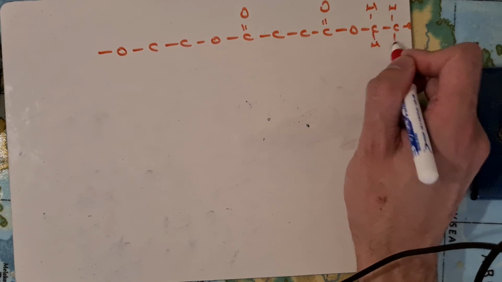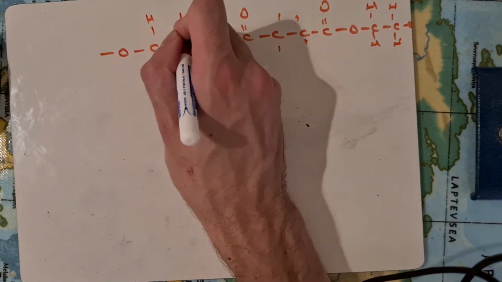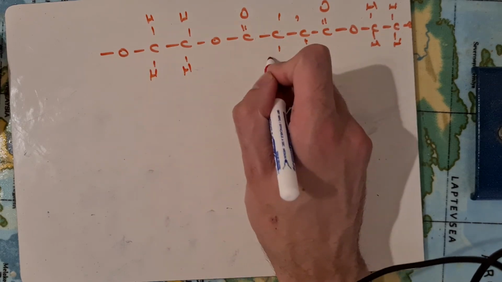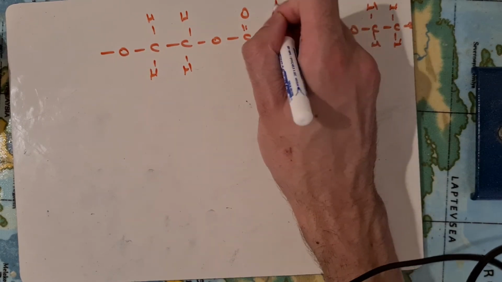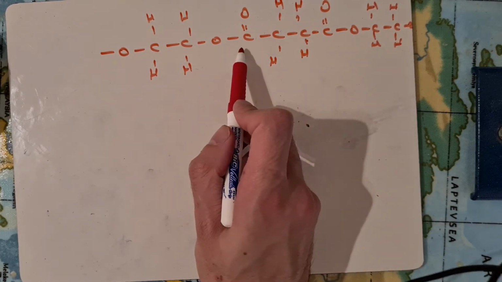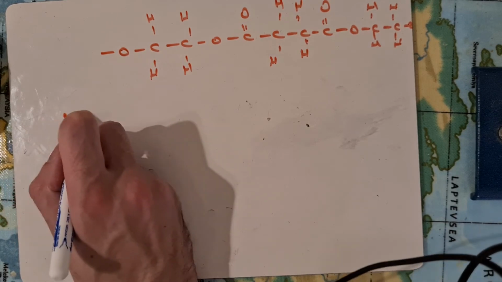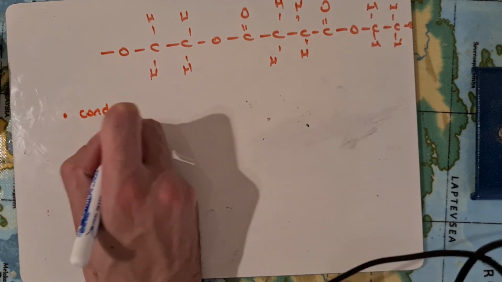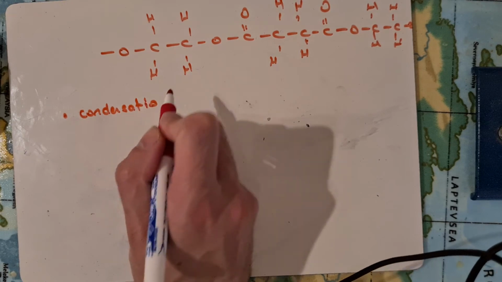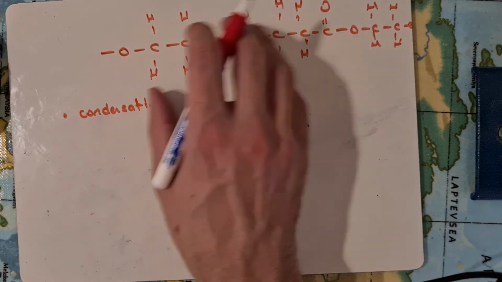Didn't quite give myself enough space there. So clearly got an ester bond here. So the type of polymerization we have here, an ester, or a polyester, is a condensation polymer. We've had a condensation reaction to form these polyesters.